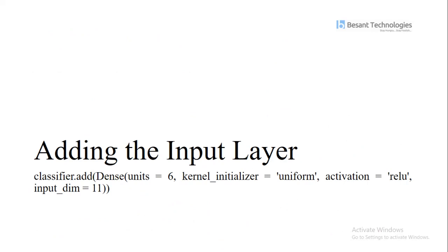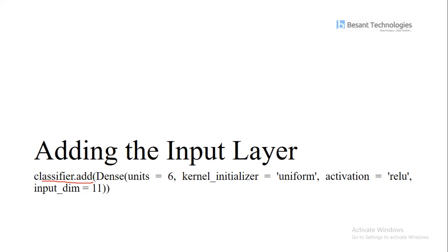To add the input layer, we need to use classifier dot add. Here classifier is the Sequential initiated object, and add adds a layer. Now I am going to add the input layer using Dense, which is used to build the neural network.